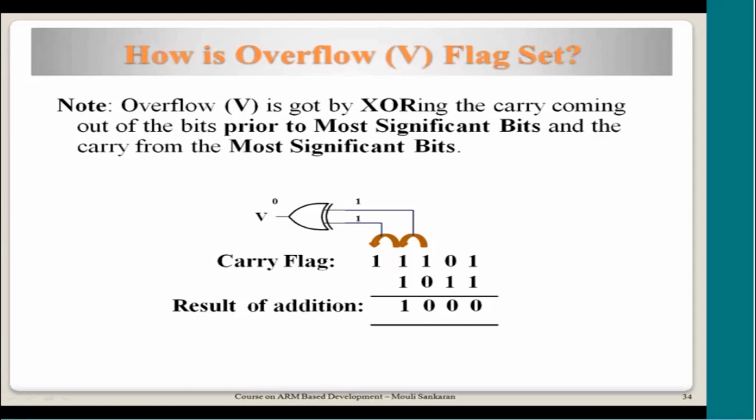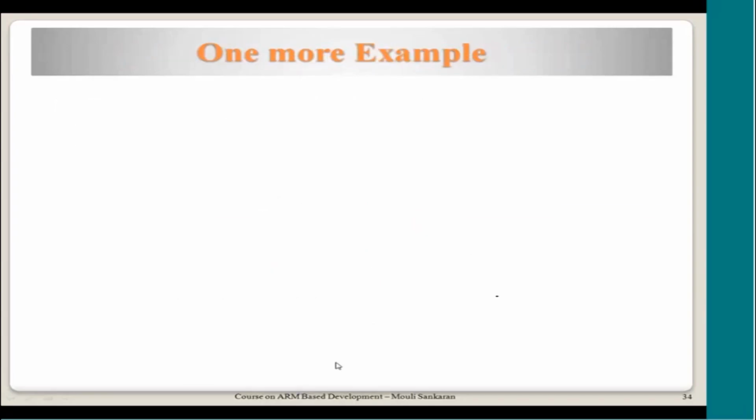Now these two carries are XORed to come up with the overflow flag. So this is the way the overflow flag is set. This corresponds to the correct value, but this is a way to see whether the overflow flag will be set or not. Now let us see one more example where you see that the overflow flag is set.